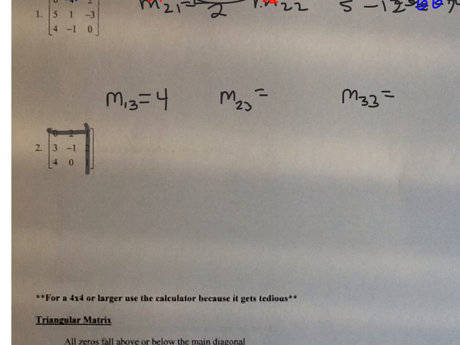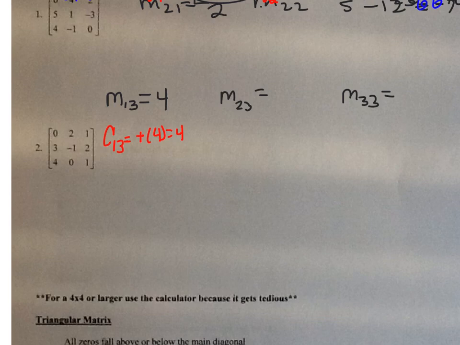All right, now I want my cofactor 1, 3. 1 plus 3 is 4, so negative 1 to the 4th power is positive 1, times 4, which is just 4.